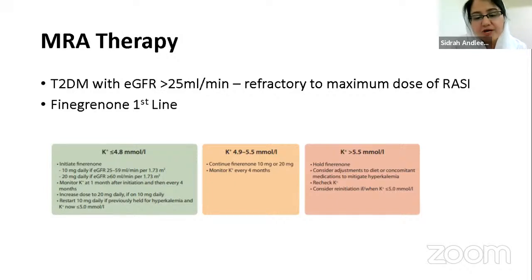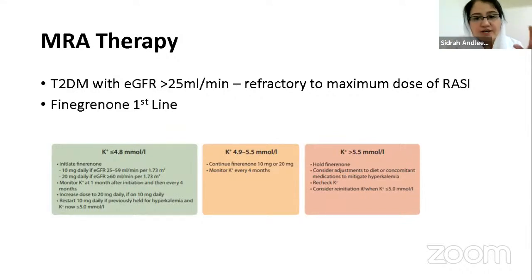You add a mineralocorticoid receptor antagonist like finerenone. So yeah, I misspelled it here. This is the drug of first choice. It's a non-steroidal mineralocorticoid receptor antagonist. The steroidal ones are like eplerenone and spironolactone. They are for heart failure. They're not for the kidney specifically.